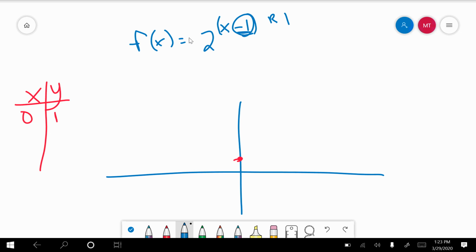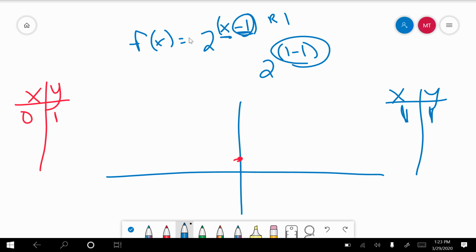Well, this time, I'm actually going to have to put in a 1 to kick out a 1. Because if I put a 2, 1 minus 1 gets me to 0. And then 2 to the 0 power equals the 1. So this time, this point right here moved to the right 1. That's what this says it would do.